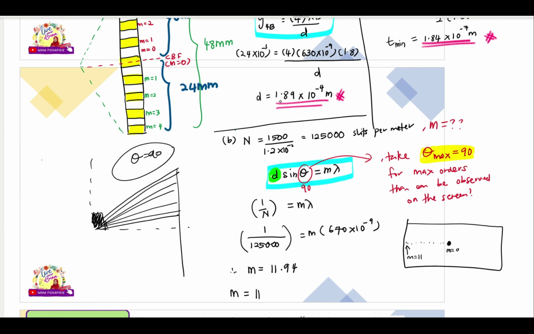So kita nak tengok, maknanya paling maksimum tu berapa order yang kita boleh nampak? 11. Maknanya daripada tengah ni, m is equal to 0 sampai order yang ke-11. Ini yang kita boleh nampak. m is equal to 11. Faham? Tapi kalau soalan tu ubah, dia kata how many bright fringes that you can observe on the screen.